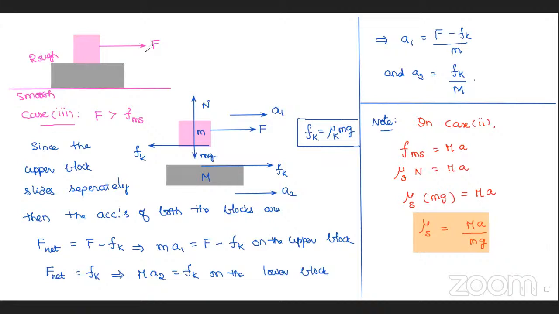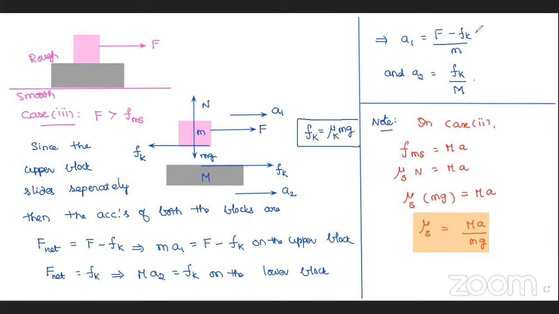In case 1, what I told, if the applied force here is capable to slide both the blocks commonly, both are moving commonly means, can I write A1 is equal to A2, at least from today's explanation? A1 is equal to A2. Shall I write like that?